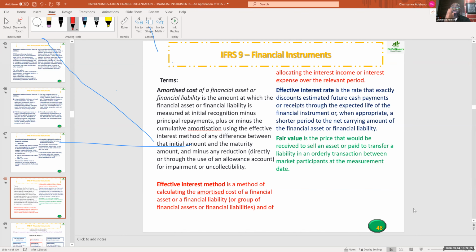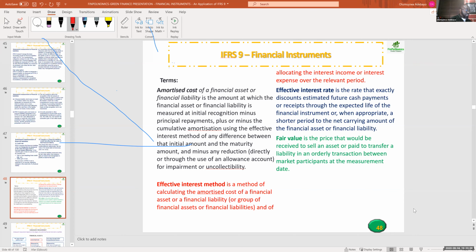When you look at the board, you find that amortized cost relies on the effective interest method. Secondly, the effective interest method produces the effective interest rate. We said yesterday that the effective interest rate is synonymous with obtaining the IRR, the internal rate of return, or the yield to maturity.